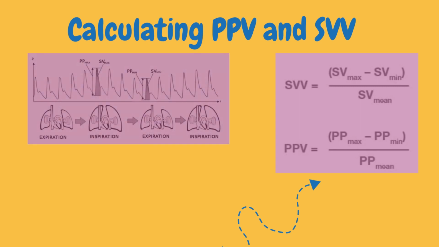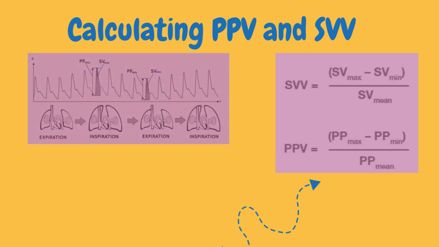Moving on to SVV, which is like synchronized swimming for your cardiovascular system. SVV and PPV are similar, but SVV focuses on the dance of stroke volume, the amount of blood your heart pumps with each beat. To calculate SVV, we record the highest and lowest stroke volume values during a breath cycle.